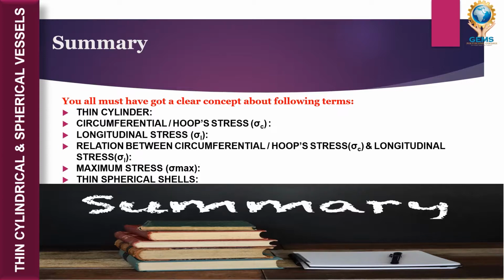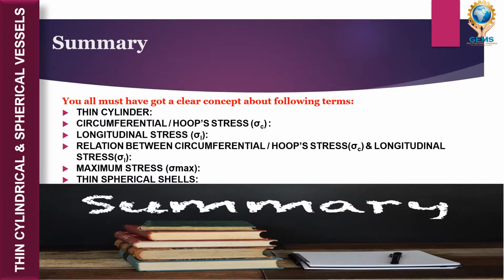If the thickness of the wall of the cylindrical vessel is less than 1 by 15 to 1 by 20 of its internal diameter. That is the main thing you must always keep in mind, because whenever we solve a problem, only these terms will be in our use. We will not see the definition of the cylinder, but we have to remember that it should come between 1 by 15 to 1 by 20.